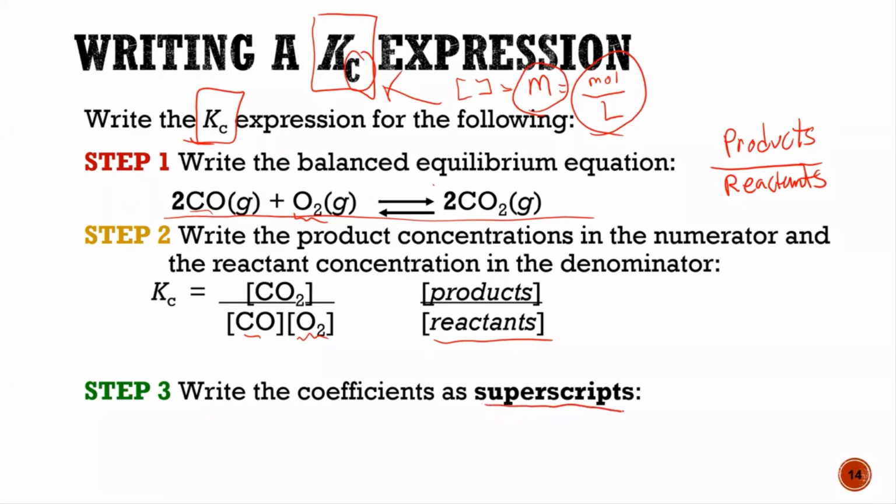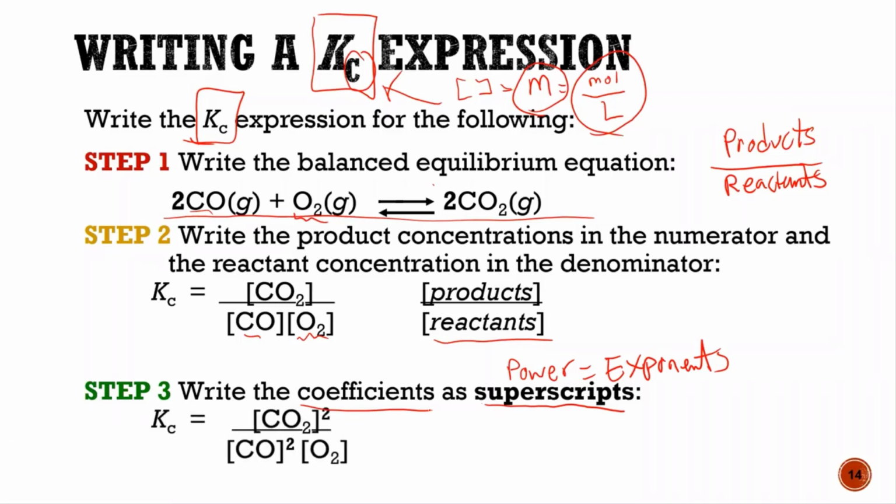I prefer the term power, or maybe exponents. So we are going to use the coefficients in balanced equations as exponents for the concentrations of the substances involved in the reaction. So CO2 had a coefficient of 2. So what is the exponent for CO2? 2. Why? Because it has a coefficient of 2.